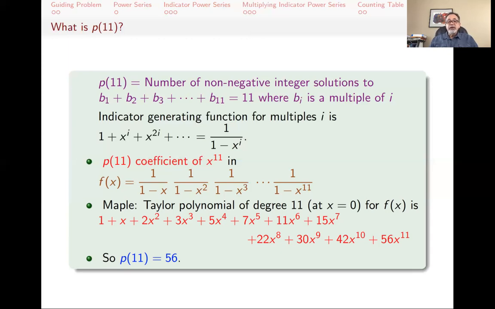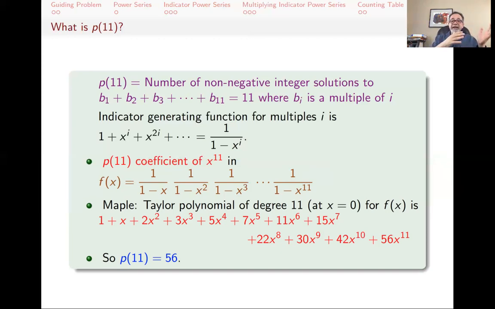And in fact, if you think about it, the number of partitions of 10 is going to be 42, because including that 1 over 1 minus x to the 11th is going to have no effect on the coefficient of x to the 10th, because this thing, when you expand it, is 1 plus x to the 11th plus x to the 22 plus x to the 33 and so forth.